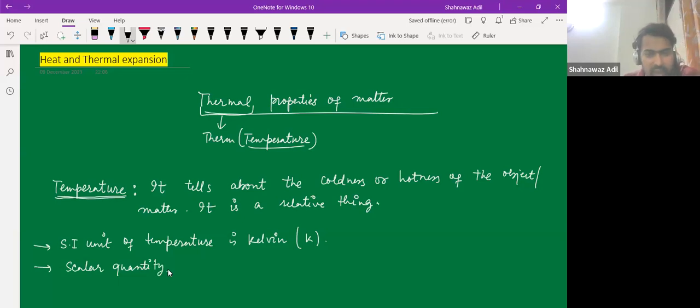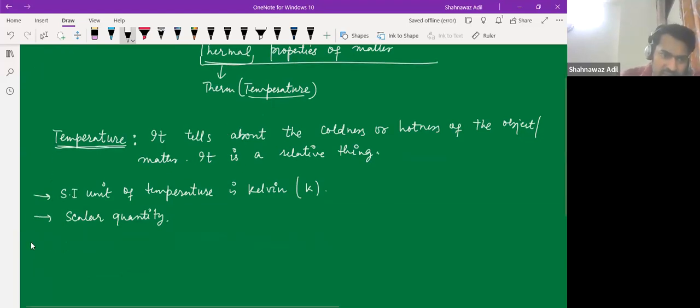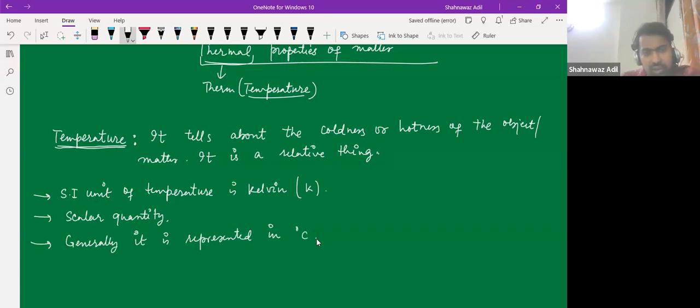We also represent temperature in Fahrenheit, and generally it is represented in degrees Celsius. These are the peculiar properties of temperature.